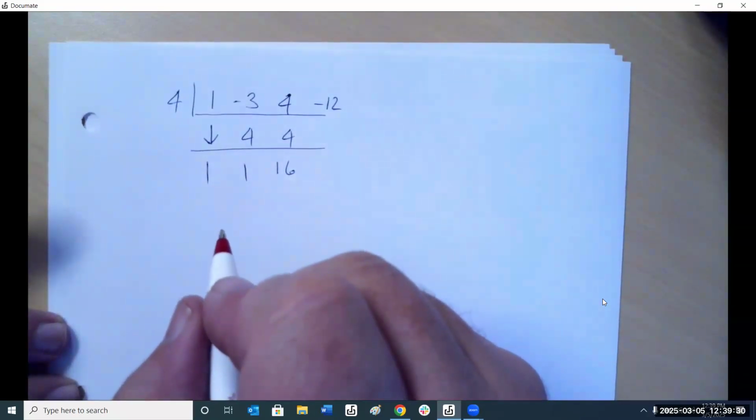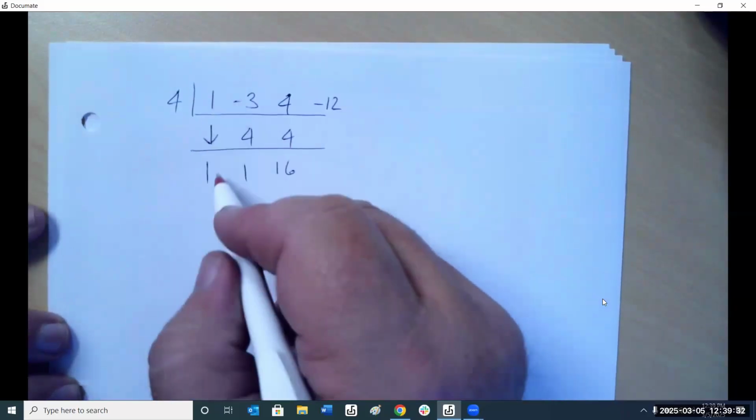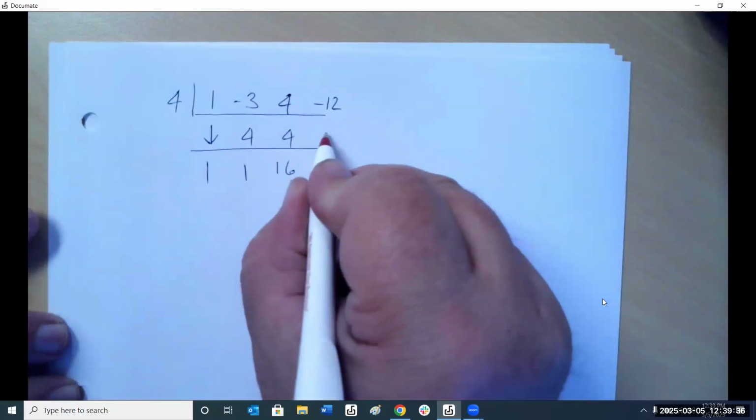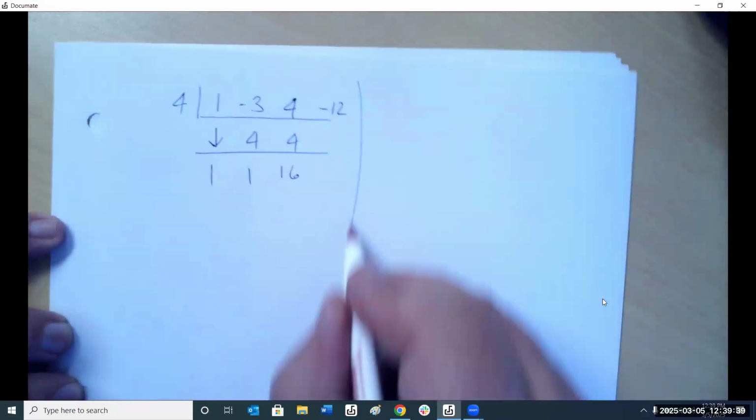One, -3, 4, -12. Bring down the 1. 3 minus 3 is 0, that's not going to work.